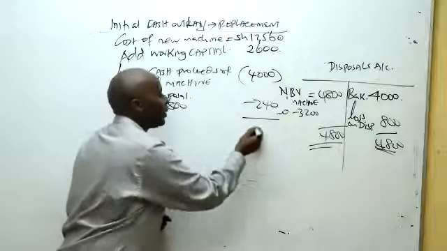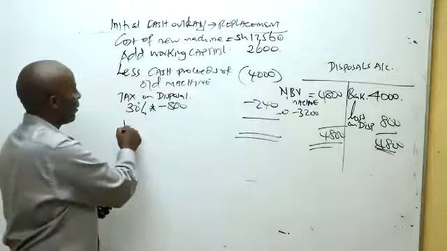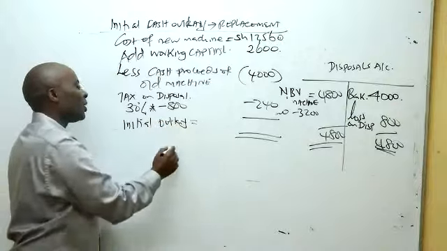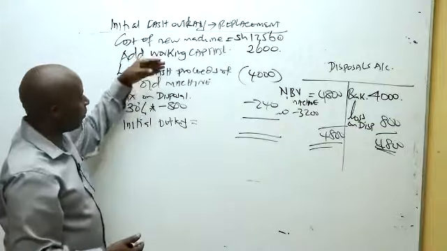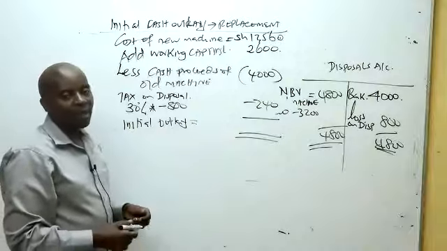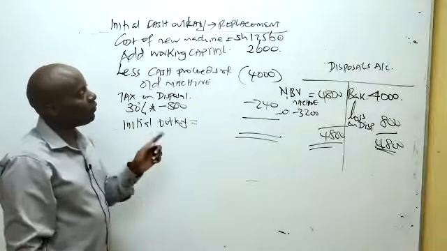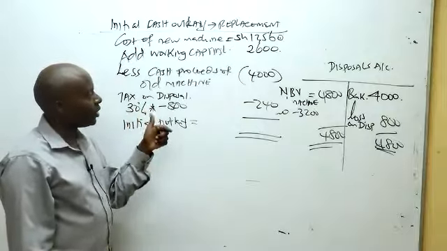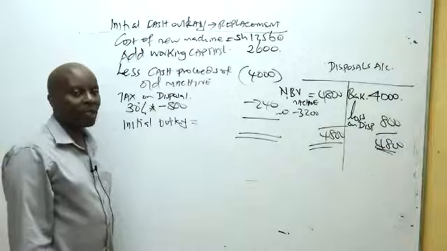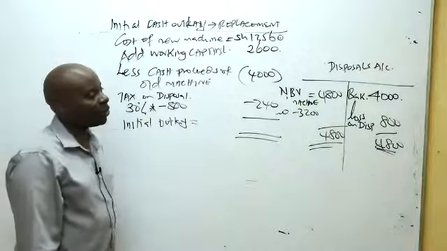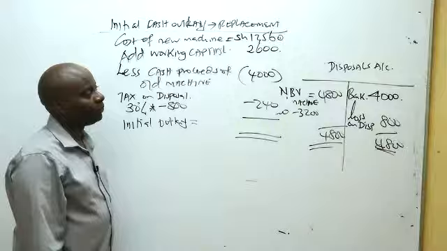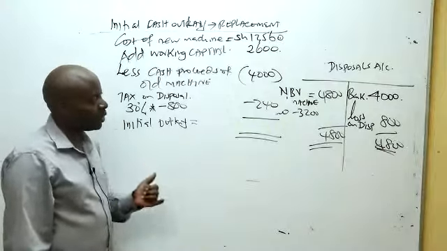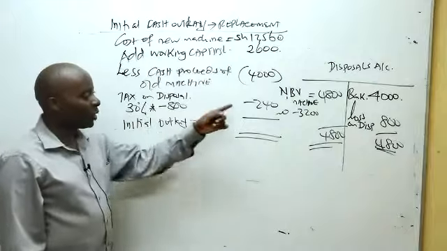Come and give us the initial outlay. Whenever they talk of existing machine, old machines, always remember this working. You can even cram it. So we have 12,560 plus 2,600. Those are expenses. These two are our incomes as a result of disposing the old machine. So in terms of income from disposing the old machine, we have the sales proceeds, and then we have the tax on this particular loss.